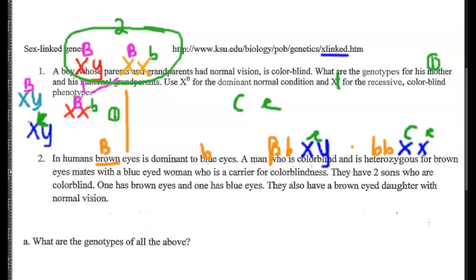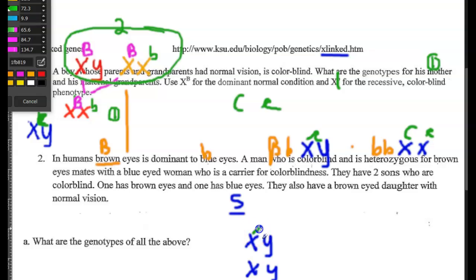Alright, they have 2 sons, and it says they are both colorblind. And one has brown eyes and one has blue eyes.